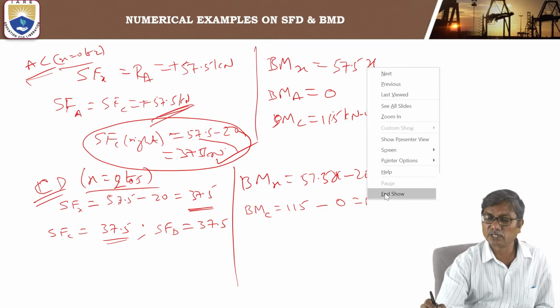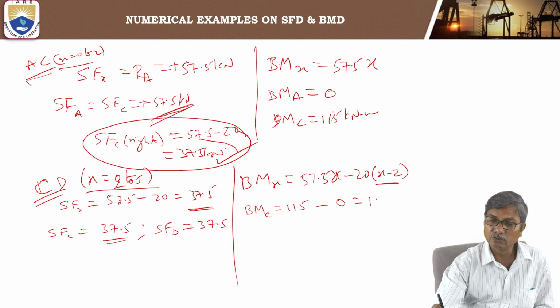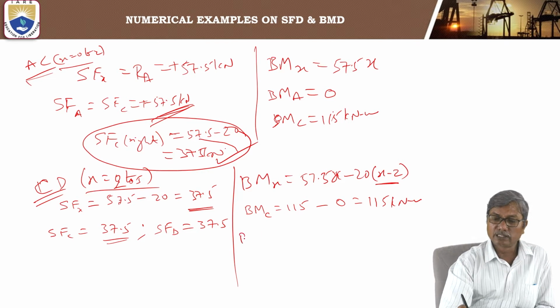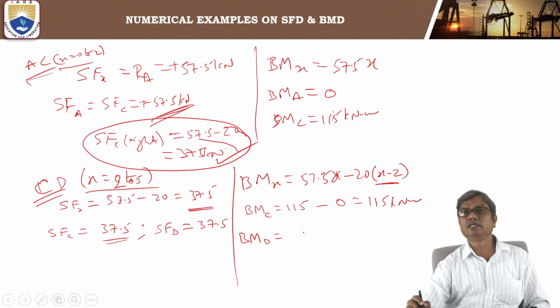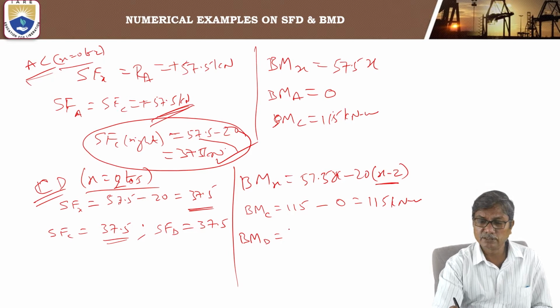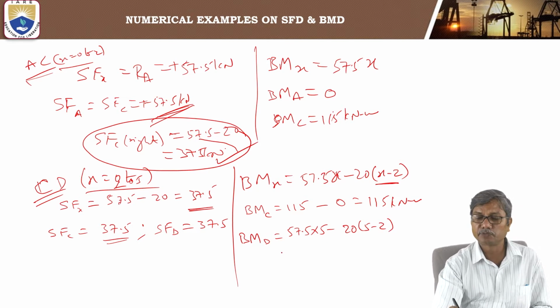So it is 115 kilonewton meters. Next, when X equal to 5, the section is at D, and the bending moment at D is 57.5 into 5 minus 20 into 5 minus 2.